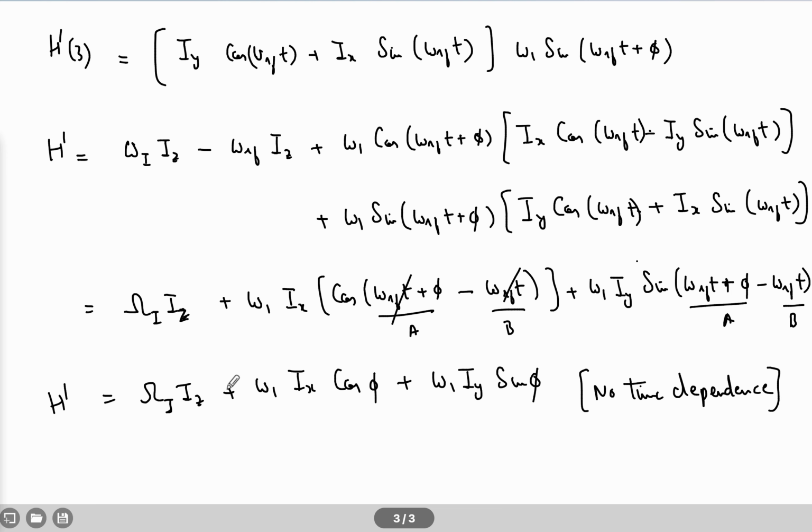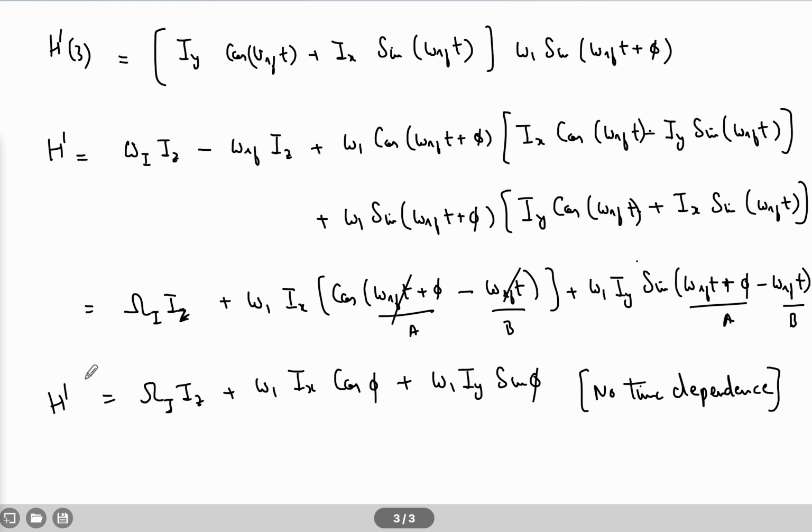Okay, so now once the Hamiltonian is shown to be time independent, that means you can apply the solution to the Liouville-von Neumann equation and find out the value of sigma t at any given time, right?